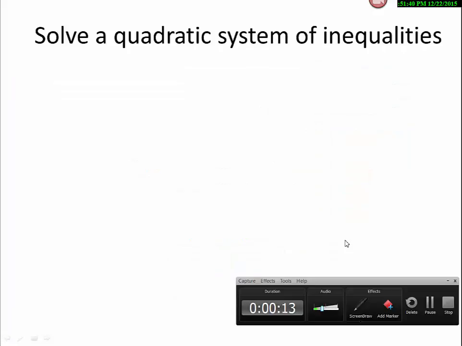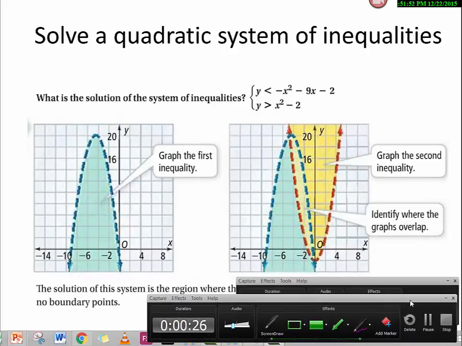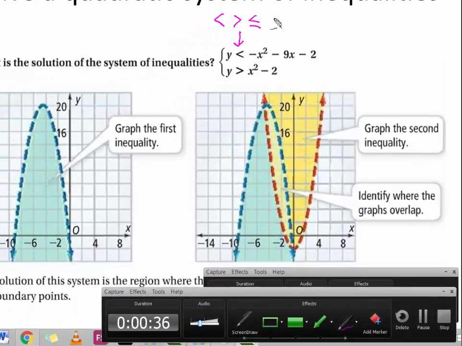The last part of this unit is to solve a quadratic system of inequalities. Here's the example. When we talk about inequality, we are talking about this sign. It could be either greater than, less than, greater than or equal, or less than or equal. In this case, first we have to draw the first inequality.